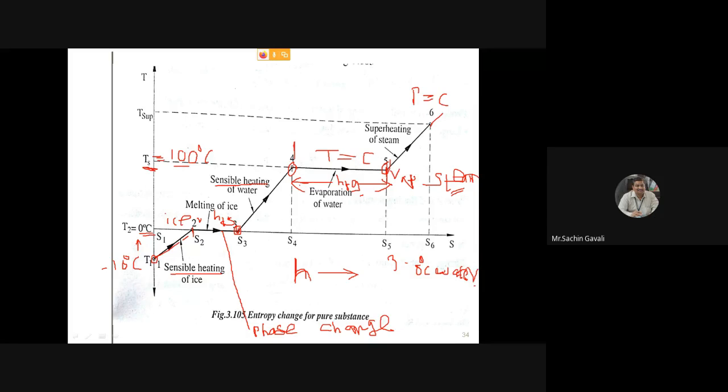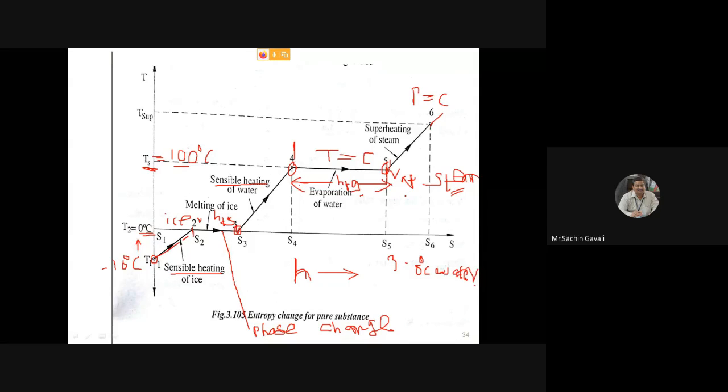what will happen? Now this is very interesting. If at point number 5 we heat that steam, its temperature will increase, correct?